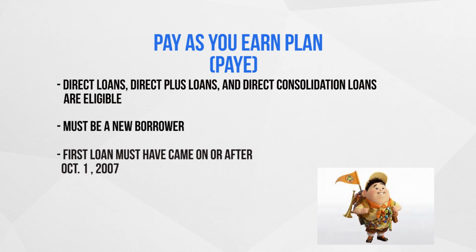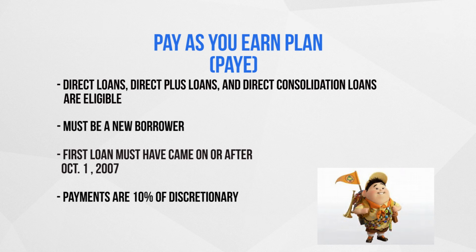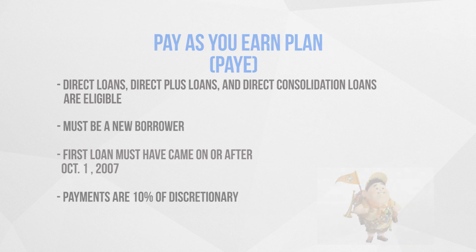If you're in that camp, payments for the Pay As You Earn plan are 10% of your discretionary income, and any remaining balances are forgiven after 20 years of payments. So this plan is a little more forgiving than the IBR because the payments can be lower, and if you qualify, your loans are forgiven after 20 years, as opposed to some people in the IBR plan who have to pay for 25 years.